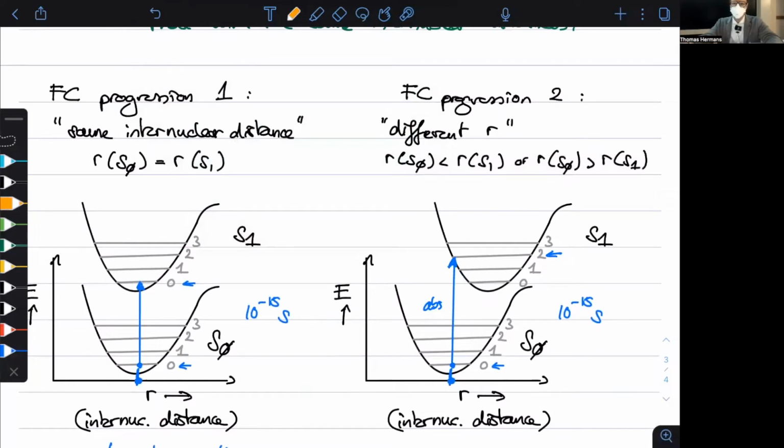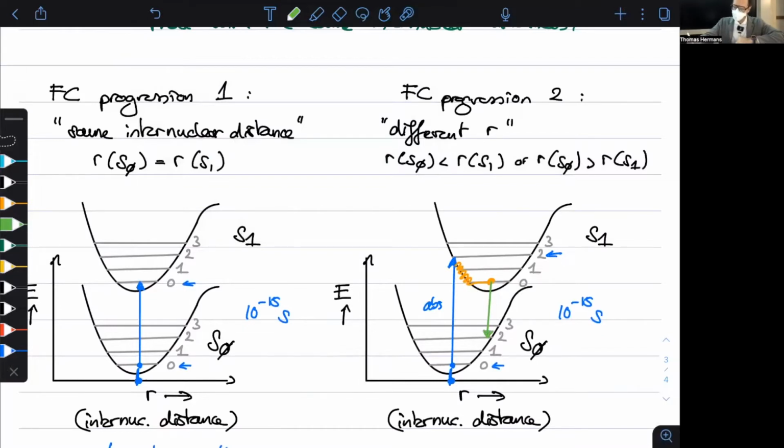We're going to get, after that, vibrational relaxation. So this energy will very quickly relax to the lowest vibrational level. So I'm here. And then we get fluorescence because the excited state wants to relax. It's going to emit a photon, and it's going to go straight, more or less.